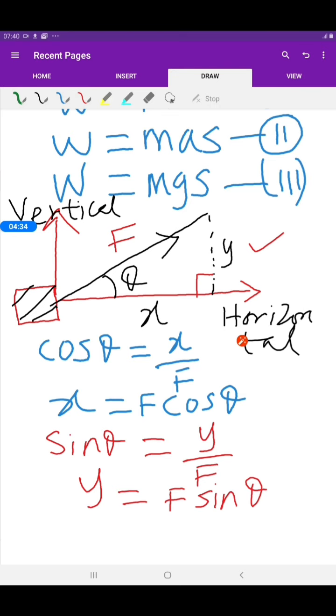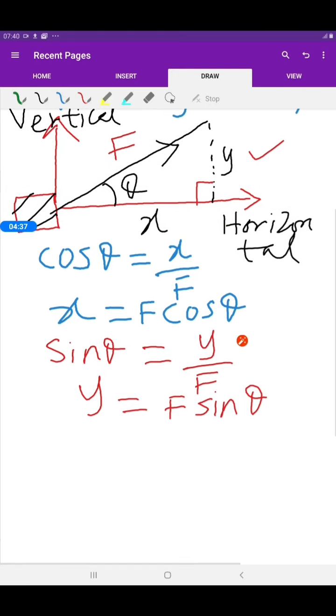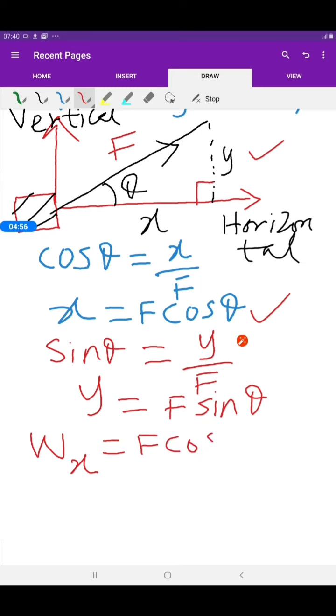So our equation 4 will now be what? Work done on the horizontal will now be force times distance, and we have calculated the force on the horizontal, which is F cos theta. So we have F cos theta times the distance moved, and that is s.